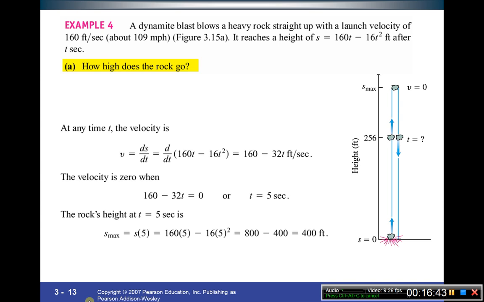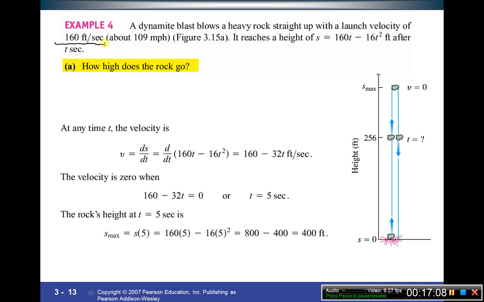Another example, we've got an equation for the position of a heavy rock that is blown straight up with a launch velocity of 160 feet per second, which is about 109 miles per hour.